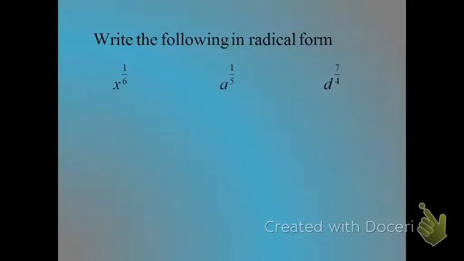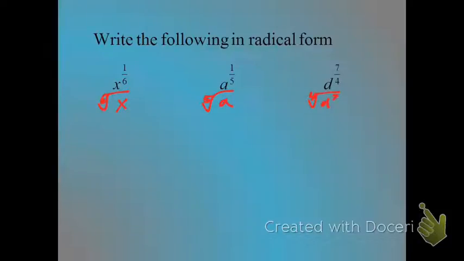In a similar fashion, you can go the other way. So x to the 1/6 is going to become the 6th root of x. a to the 1/5 will become the 5th root of a. And then, like I said, you stay with the same course. Your denominator is your index. So the 4th root of d to the 7th.